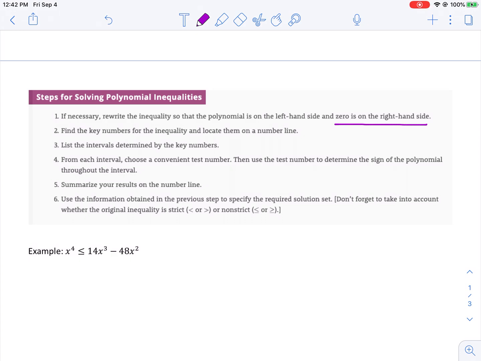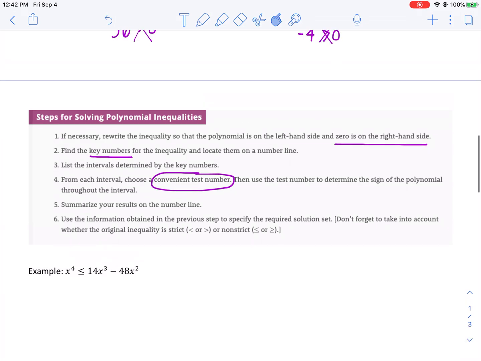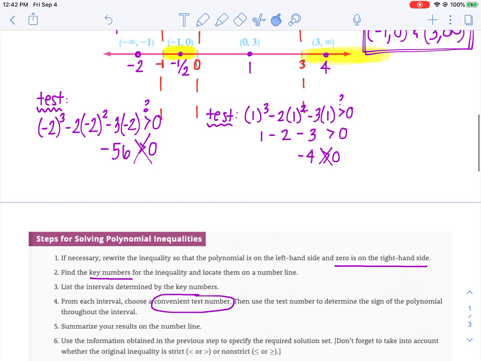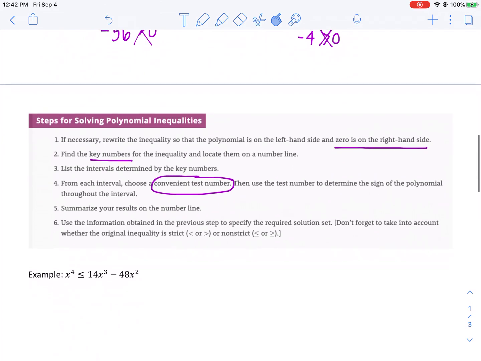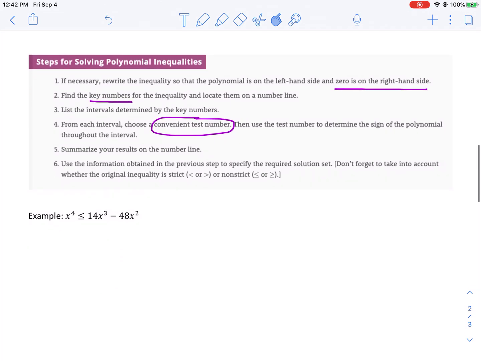Find the key numbers, list the intervals. For each interval, choose a convenient test point. Look above, we chose -2, -1/2, 1, and 4. Those were pretty nice. I mean, the -1/2 wasn't the best, but, you know, pick nice ones. And you then test those points.